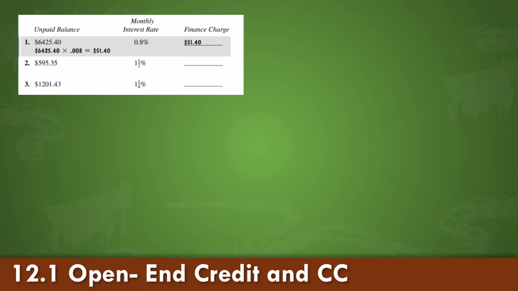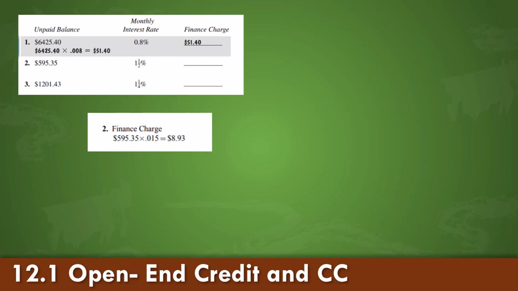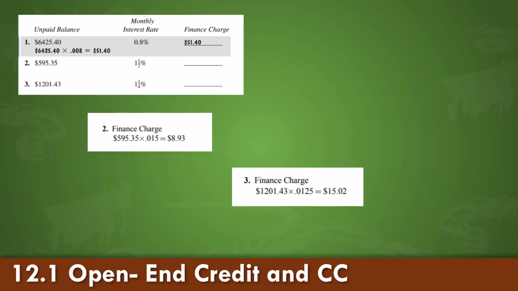In this activity here, we're taking an unpaid balance, multiplying times a monthly rate to assess the finance charge. This is straight multiplication. For example, in number 2, we're multiplying our unpaid balance times 0.15, representative of 1.5%.